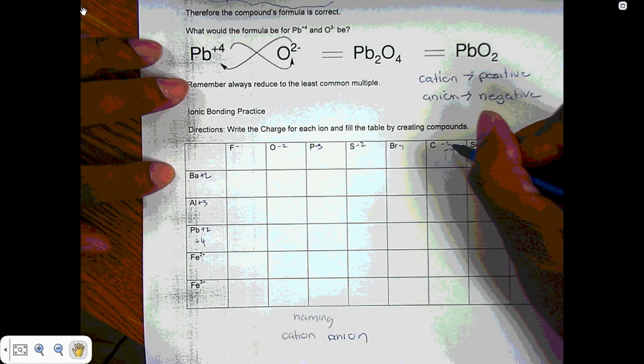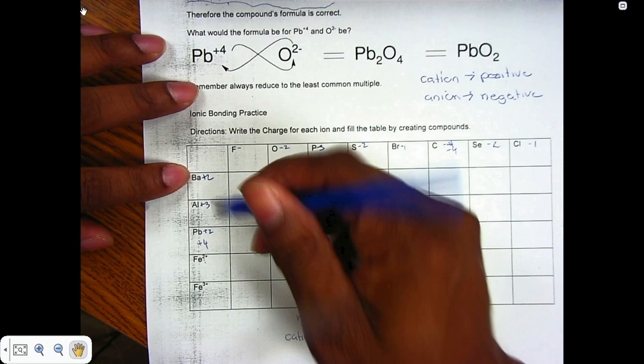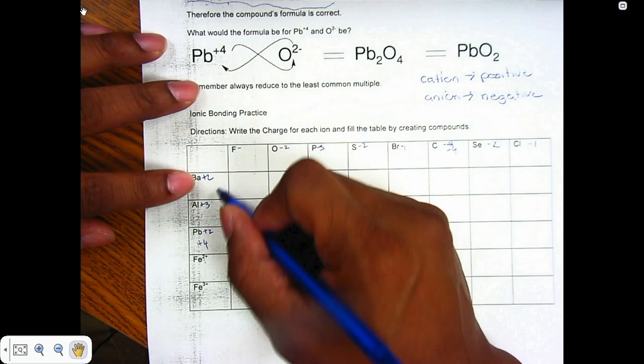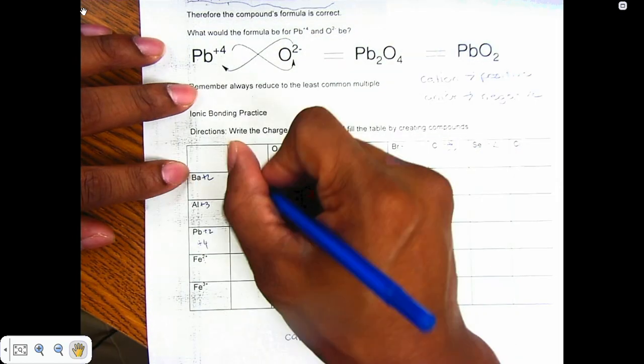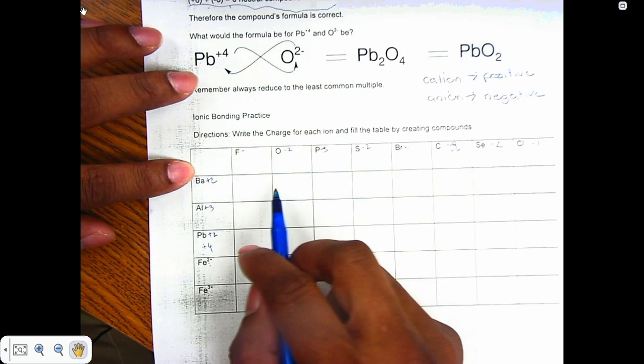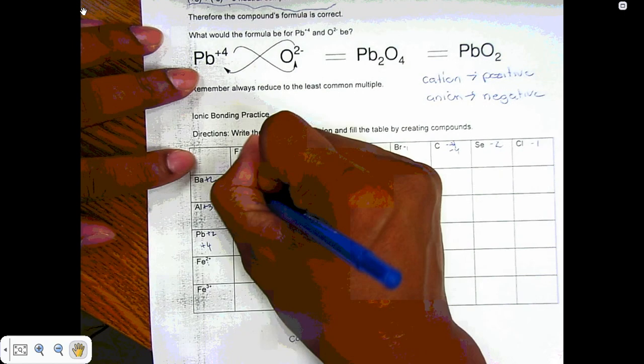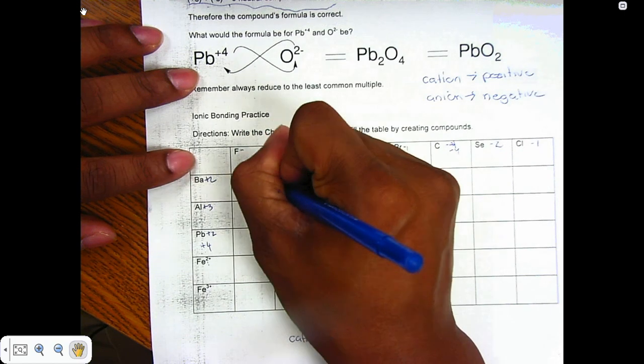We'll look at fluorine as -1 in this case. All right, so -2 and +2. What this originally looks like is you take your Ba +2, and that goes on the fluorine side, and the 1 goes on the Ba side, so you end up with a product that looks like this.